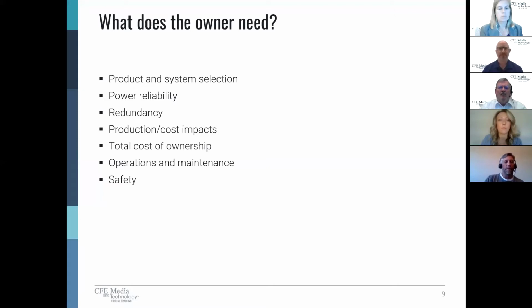Redundancy is becoming very important too. As various clients lean on backup power, they really need those systems to come through and operate properly. There's a lot of communication, a lot of data that's flowing that was not present even 10 years ago. And the redundancy within those systems to operate flawlessly is very critical.